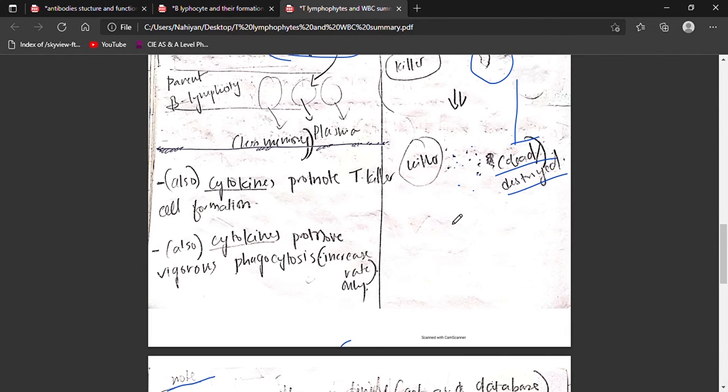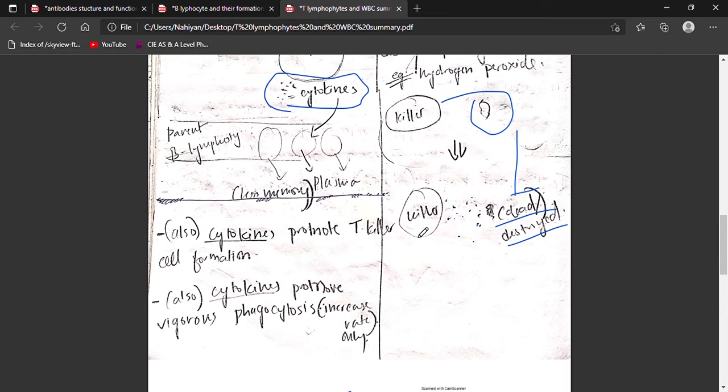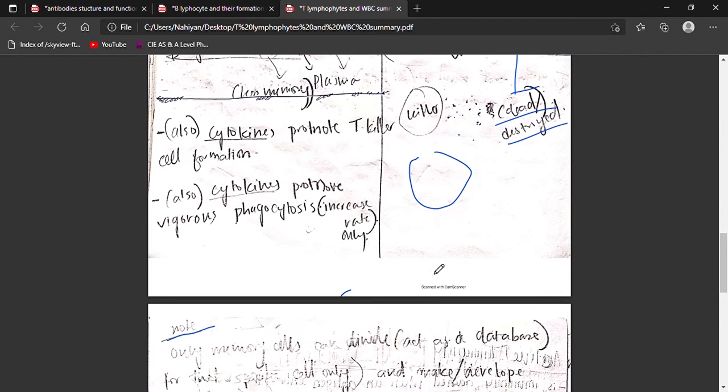So what about the time of reinfection? We talked about that: the second time it will be faster. So if the killer cell is dead, how is that going to help? But the memory cells of the T killer cell will be present, so they can produce further memory cells as well as the T killer cell itself.